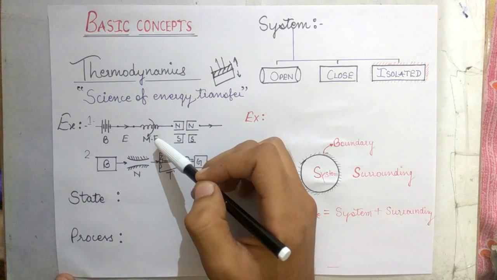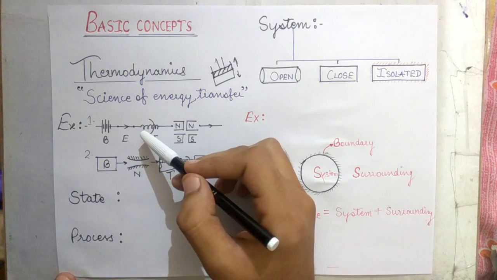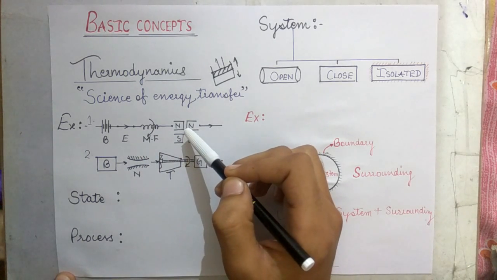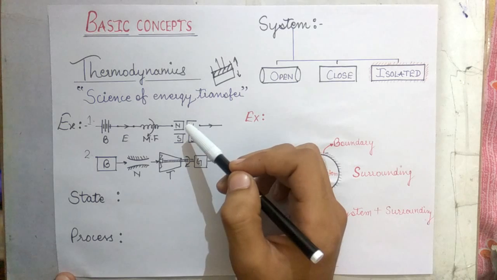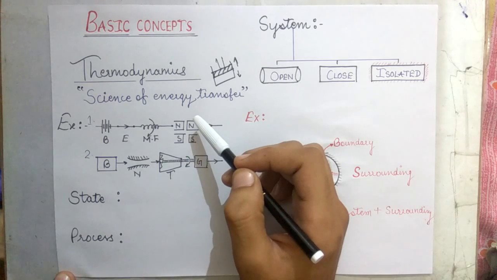So we are getting a magnetic effect by electrical effect. And if we have two different poles, they attract each other, and if we have the same poles, they repel. So we are getting mechanical energy by magnetic effect.